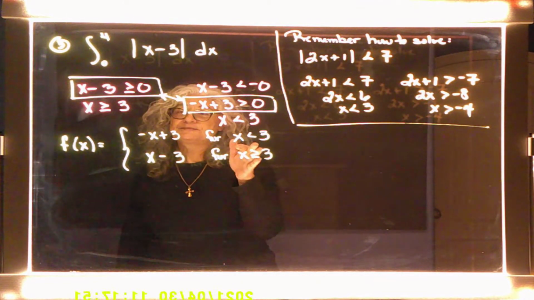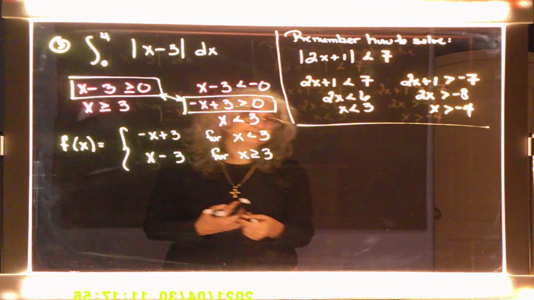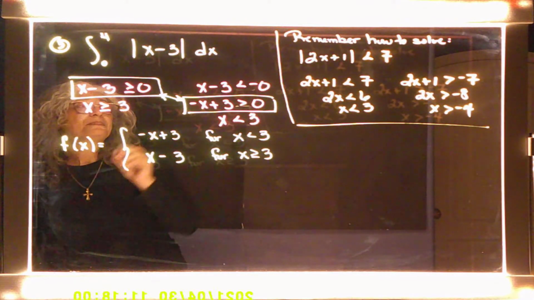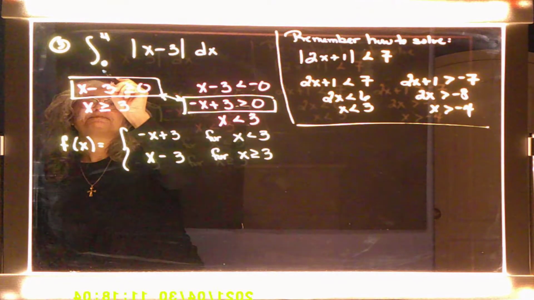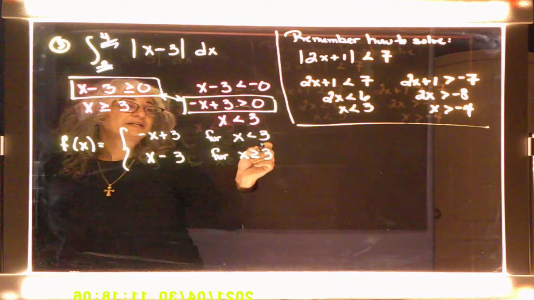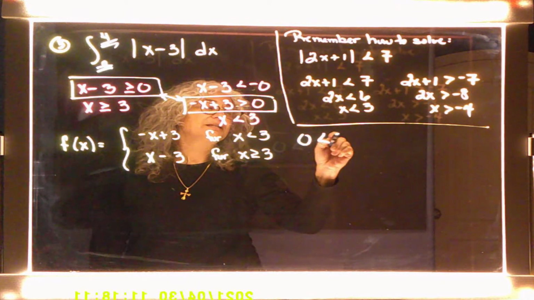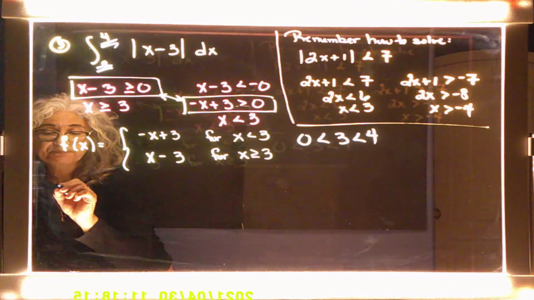Okay. Now I've got my function. Now I'm ready to split it apart. So, let's take care of this. The interval is from 0 to 4, isn't it? 0 to 4. But it's breaking at 3. So we are going to go from 0, less than 3, less than 4. That's how we're going to set it up.